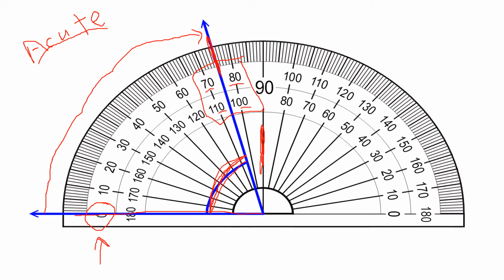So we're going to be using 70 and 80 to help us determine the degree. Well, halfway between 70 and 80 would be 75 degrees. I could double check that by counting 70, 71, 72, 73, 74, 75. 75 is less than 90 degrees, so this would be a reasonable measurement for an acute angle.